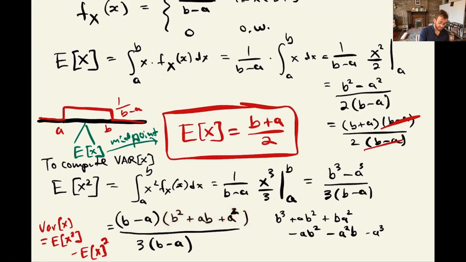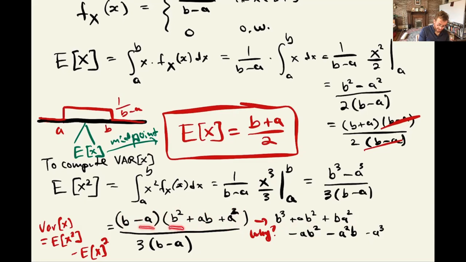Why is that true? Well, if I multiply this out, I get, all right, b times b squared is b cubed. B times ab is ab squared. B times a squared is ba squared. And now I'll do the same thing for a. Minus a times b squared gives me minus ab squared.